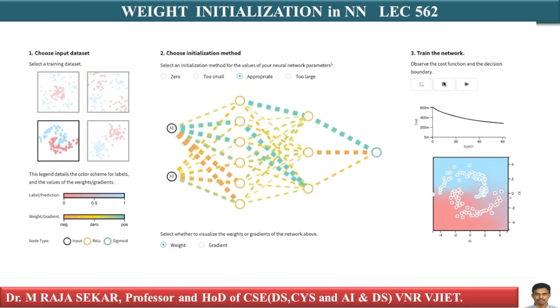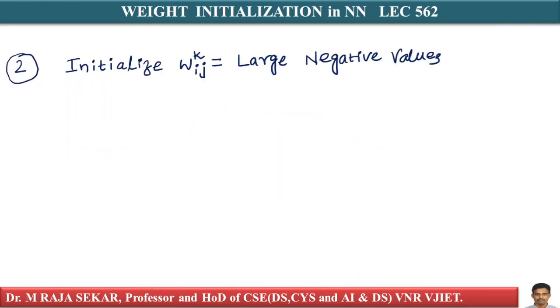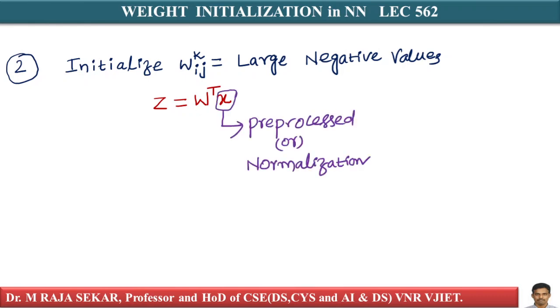Let's assume all my weights have large negative numbers. Then what happens? Then there is another problem that we encounter. If all my weights are large negative numbers, my W transpose X, that is Z, assuming my X is pre-processed or data normalized.